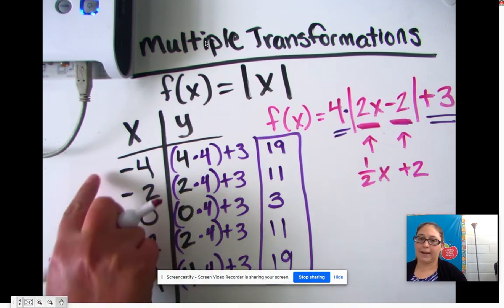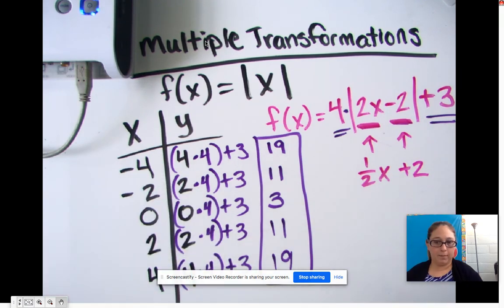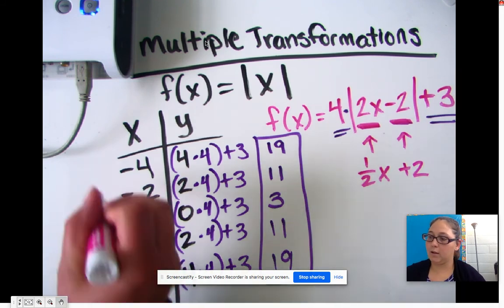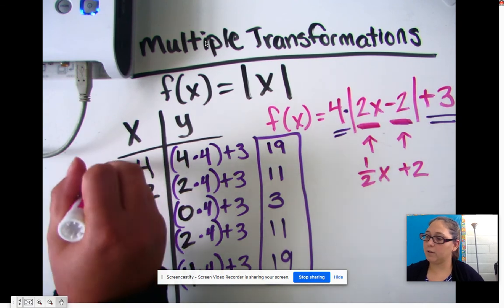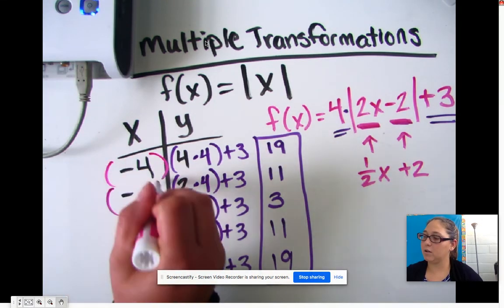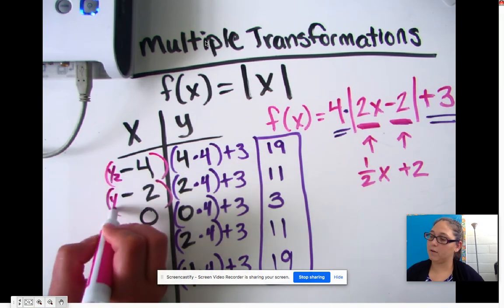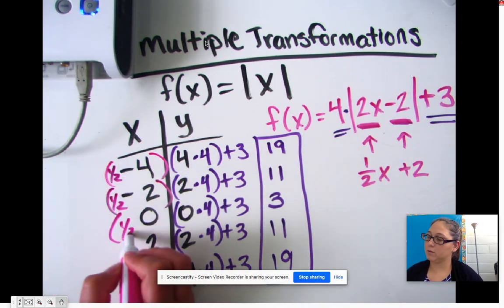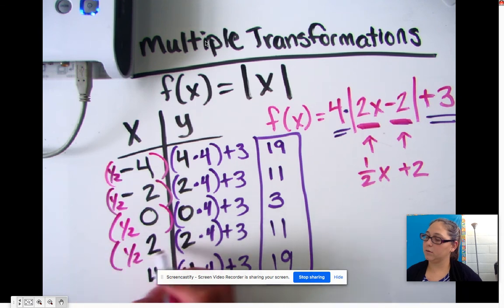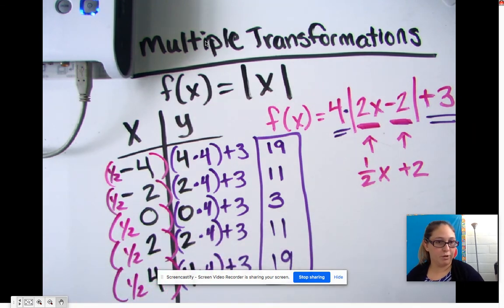So all of my x values, I'm first going to divide them in half or multiply by a half and then add 2. Okay, so first multiplication, by a half, and then add 2.